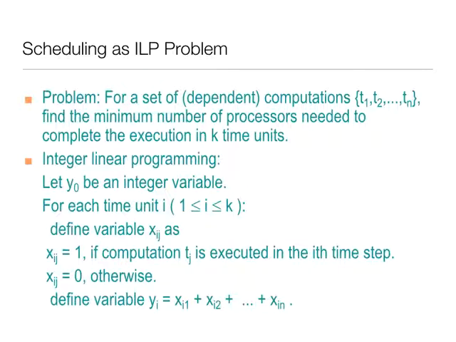See, nothing thus far precludes x11 and x21 both being 1, right? I have to make sure there is a uniqueness requirement. A task can only be scheduled in a single time step, and at least 1 time step. So a task has to be scheduled at least once and at most once. So how would you do that?